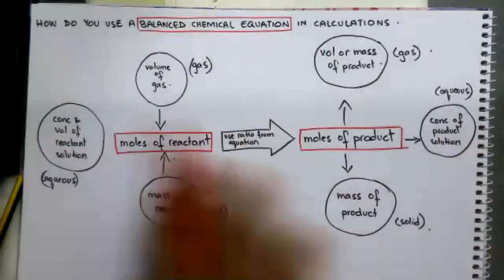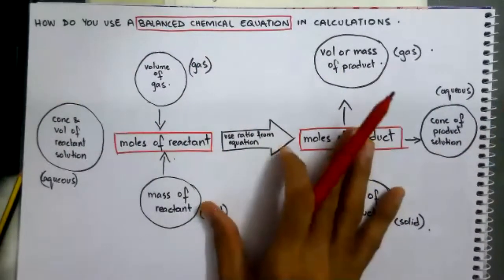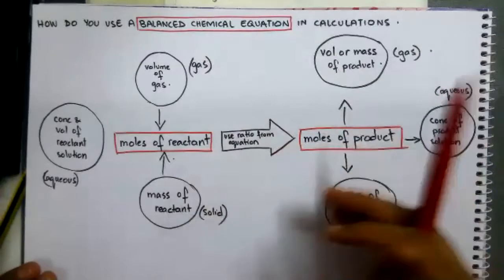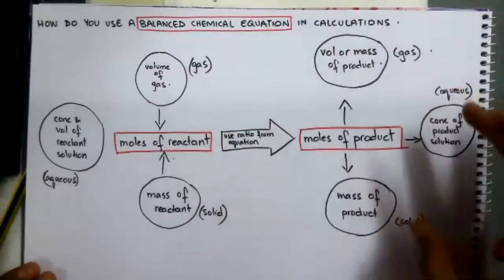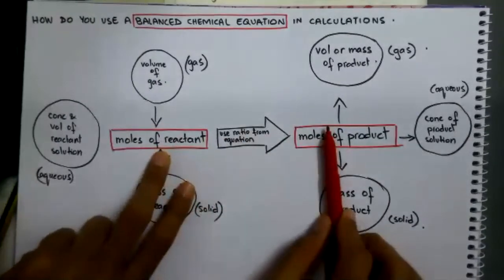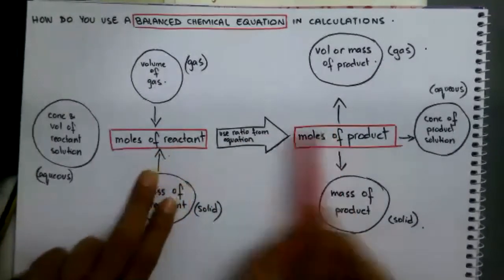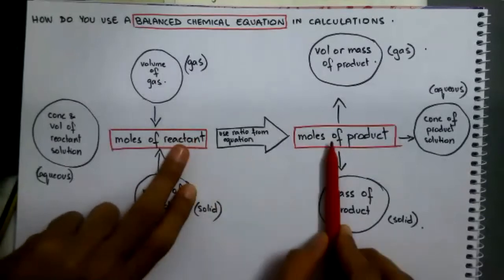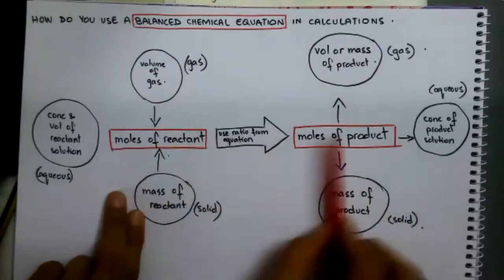So this is again a summary of how you use a balanced chemical equation in calculating different things. This is a very good summary. I found this very useful. So you have reactants giving you products, right? If you know the moles of reactant, we can find out the moles of product, or even the other way around.